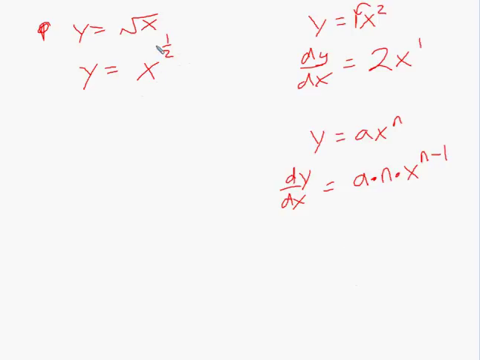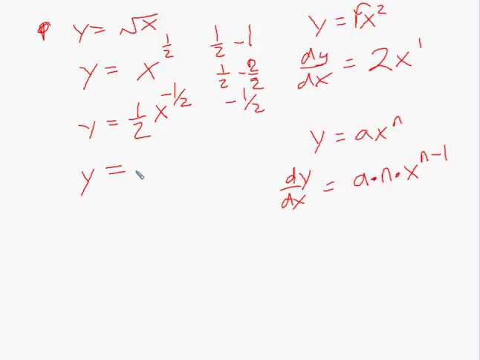A radical is simply a fractional exponent. So I can take the derivative of that. A half times 1 is a half x, and then I decrease this by 1, but 1 half minus 1 is a half minus 2 over 2, which is negative a half. Then we're going to rewrite this back into radical form.